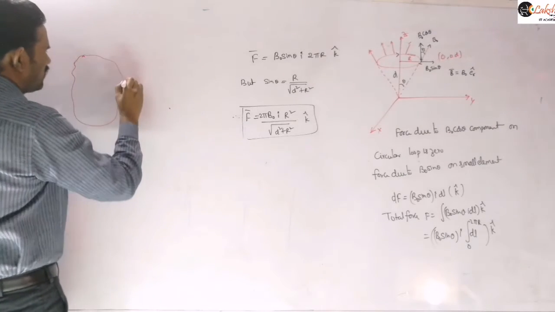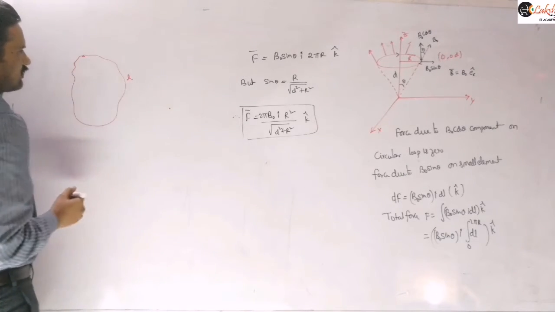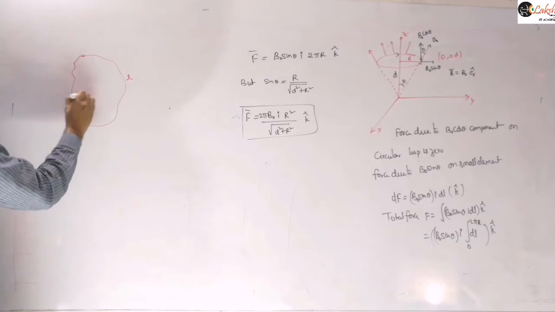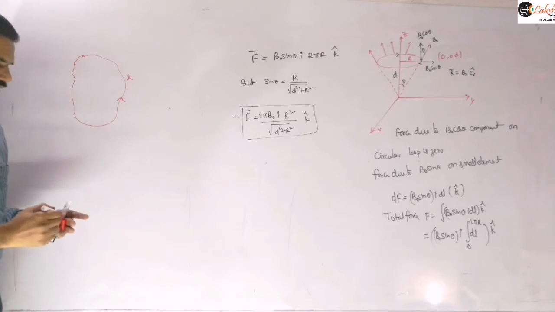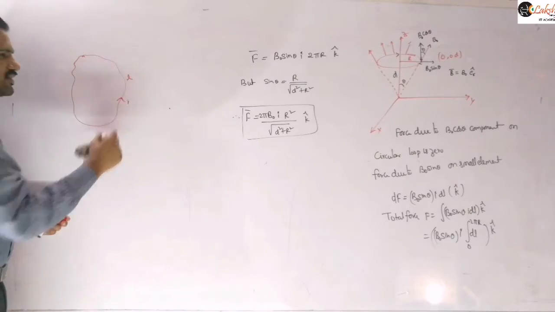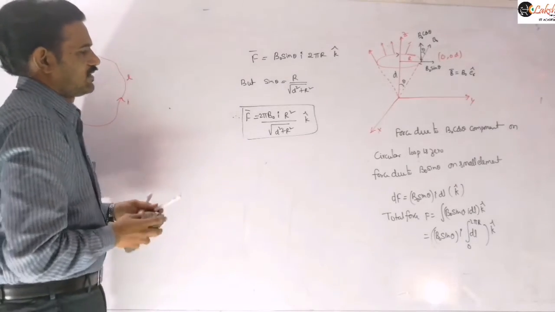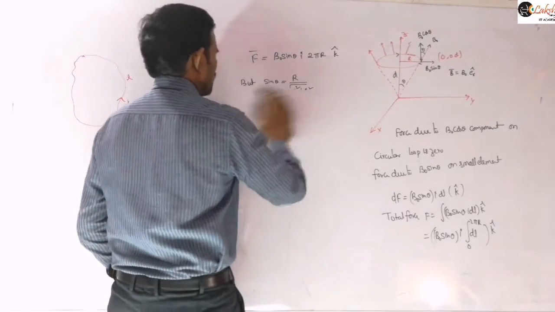A closed loop of length L carrying current I is placed on a horizontal surface.